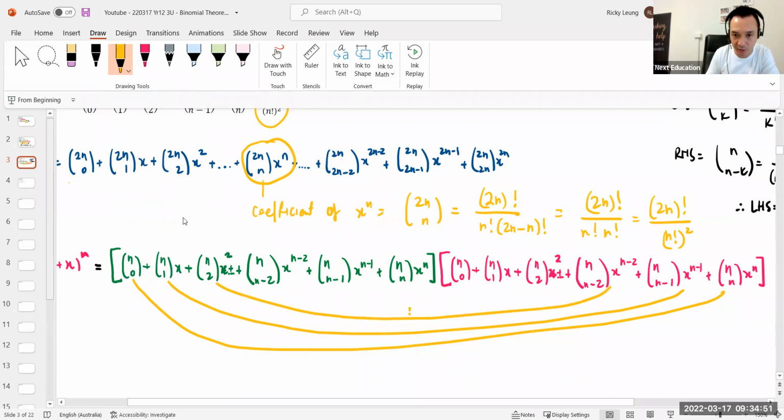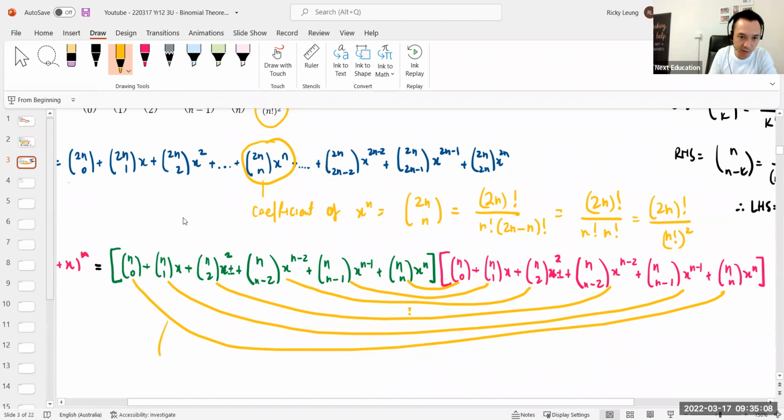And then dot, dot, dot. This guy times a squared, this guy times a x, this guy times a constant. So you can see I have a string of numbers that multiply together, that gets me xn.